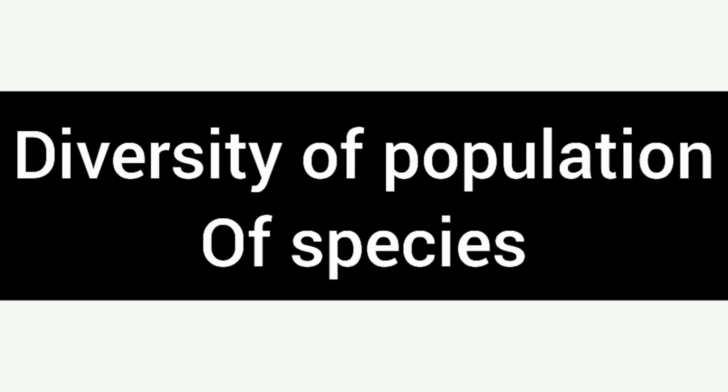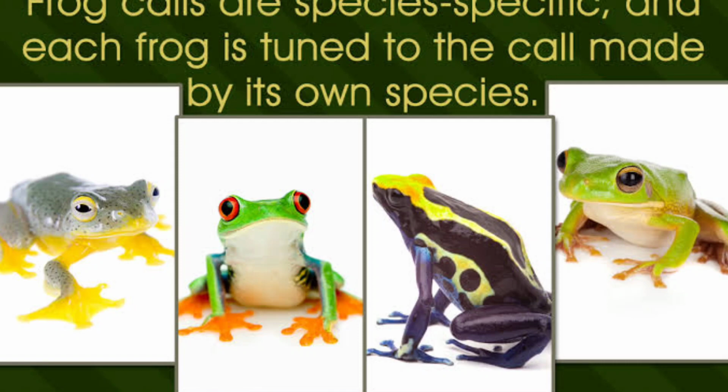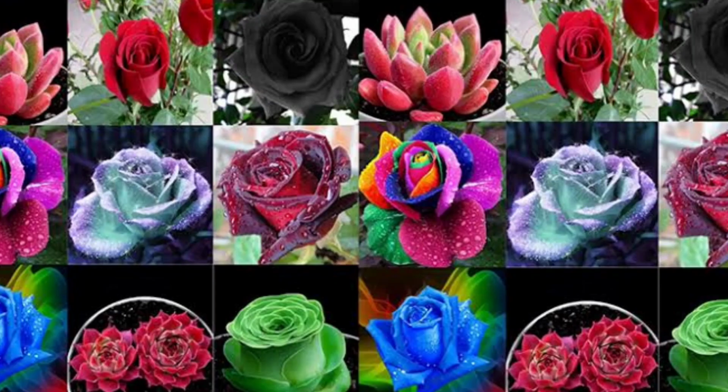Then diversity of populations of a species. It represents differences among the organisms of different populations of the same species. Sometimes you may see that the same kind of species is there, but they have different features just because of their habitat.